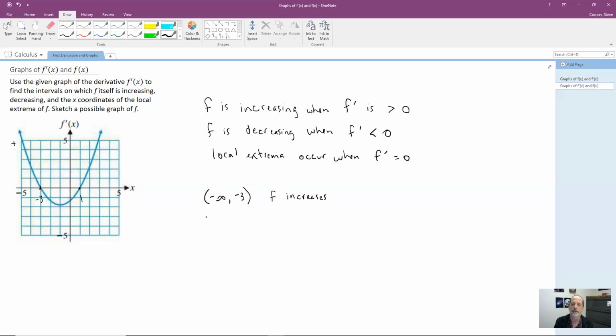Now from -3 to 1, f prime is negative, below the x-axis, so f is decreasing. And then we're back above the x-axis after 1, so from 1 the rest of the way to infinity, f is increasing.